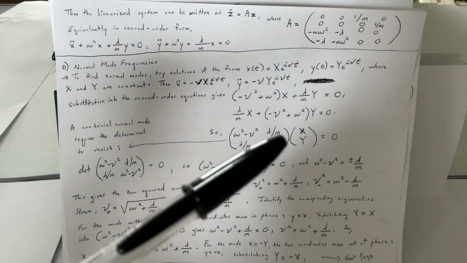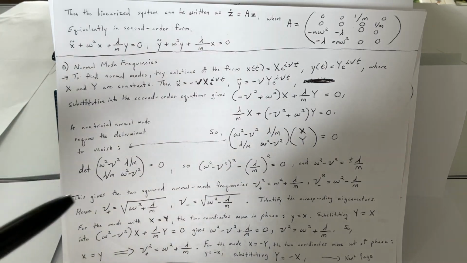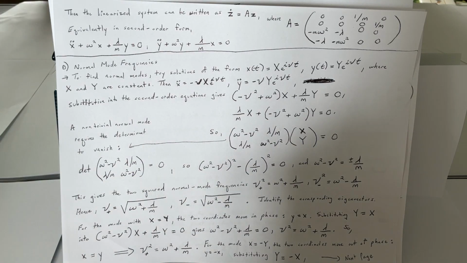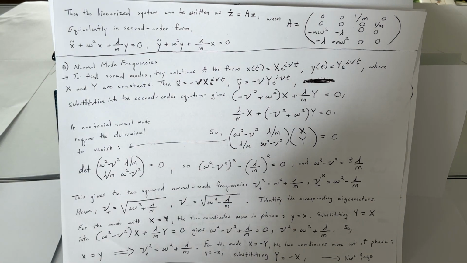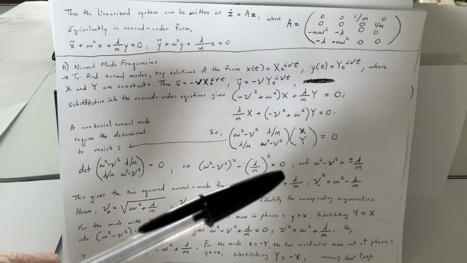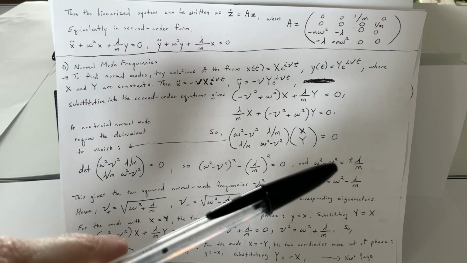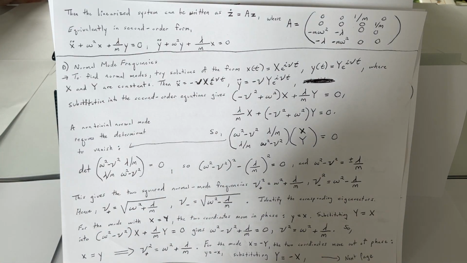Now a non-trivial normal mode requires the determinant to vanish. So we take the determinant, set it equal to 0: quantity omega squared minus nu squared, squared, minus lambda over m squared equals 0, so omega squared minus nu squared equals plus or minus lambda over m.